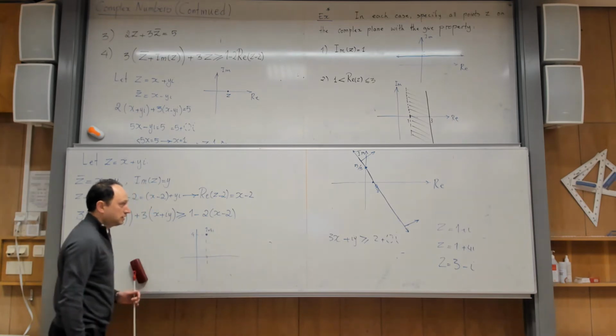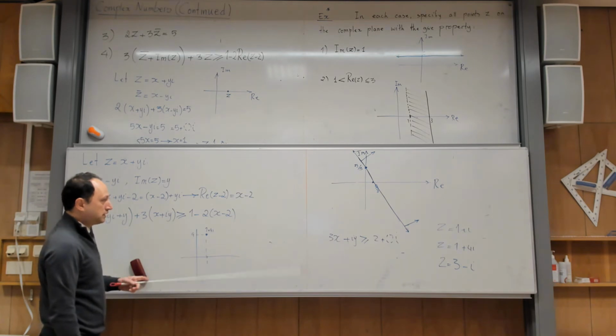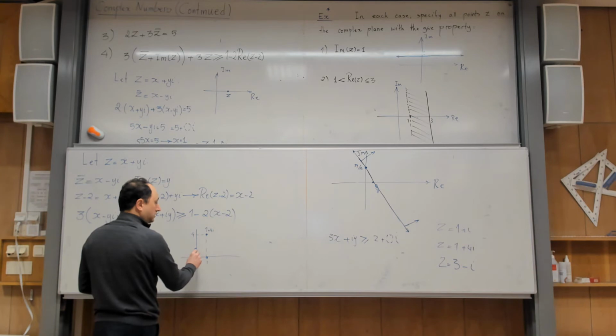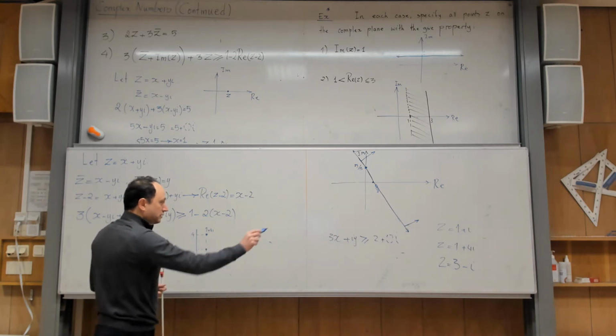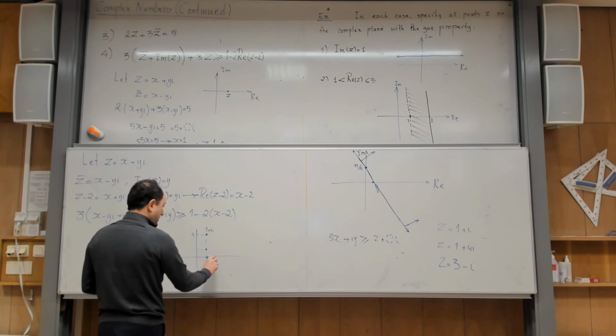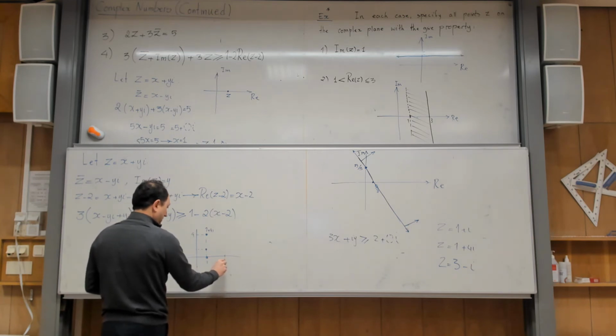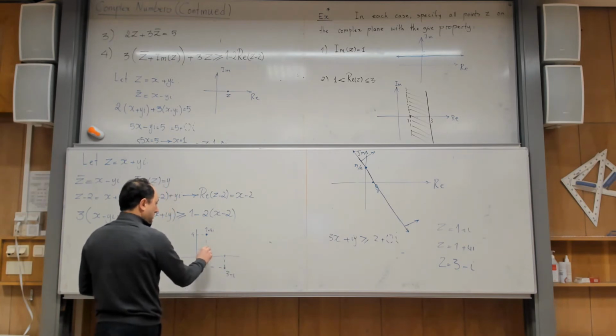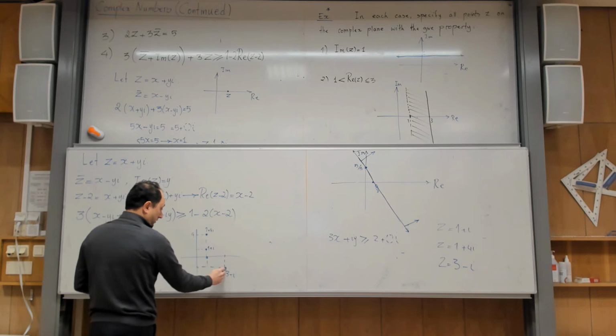Okay, the other one is, for example, 1 plus i. So 1 plus i is somewhere here. And then you have another point, 3 minus i, which is here. This is 3 minus i. This is 1 plus i. So you have these 3 points.